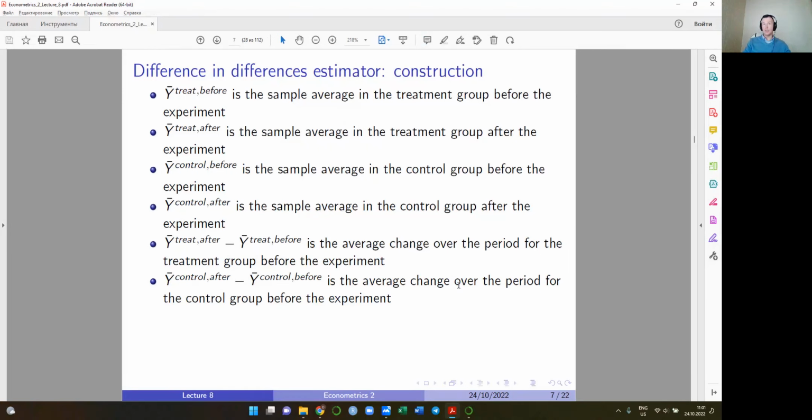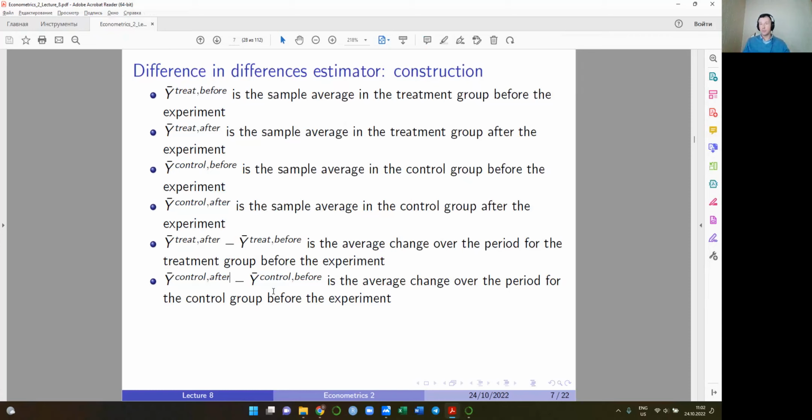So what was the change over the period for the control group before and after the experiment? And since the control group is not affected by the treatment, this change can be thought as, well, as some natural change.